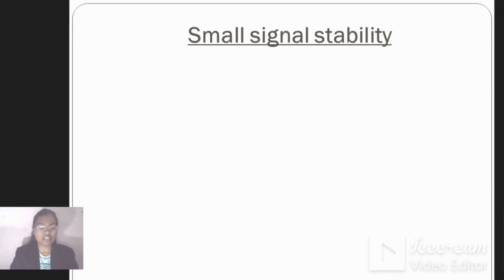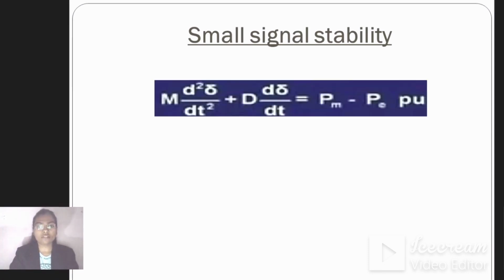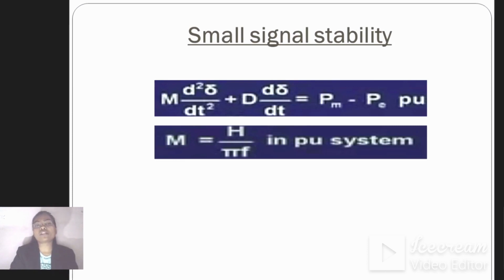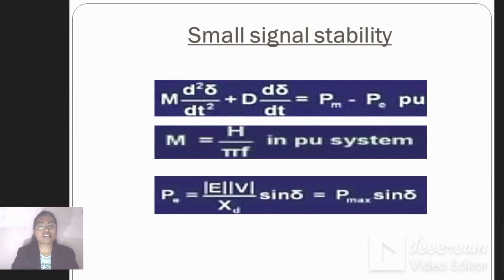Now we know the dynamic equation of a system is M d squared delta by dt squared plus capital D d delta by dt is equal to Pm minus Pe in per unit. We have also defined in the previous dynamic equation that capital M is equal to capital H by pi f in per unit system.